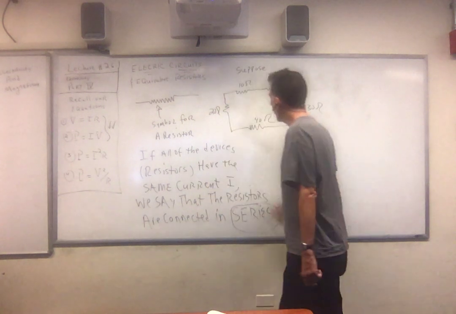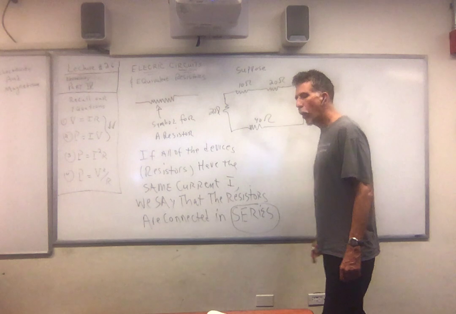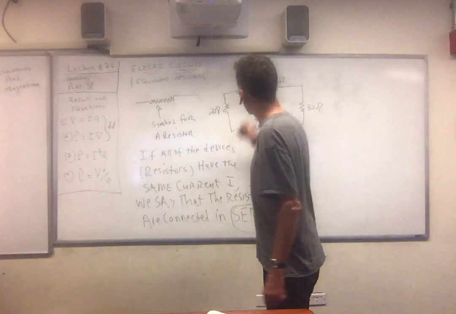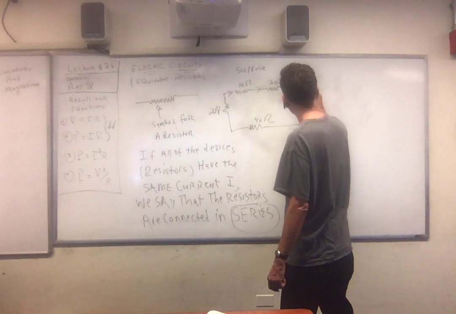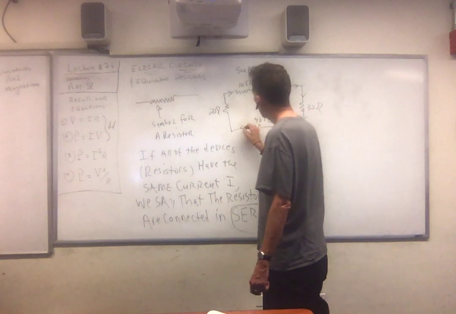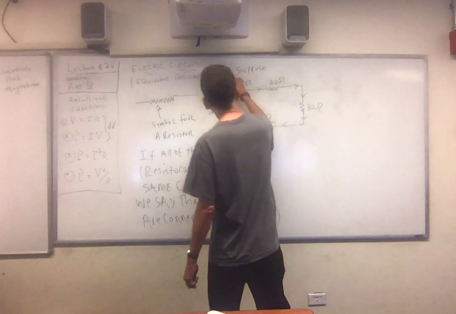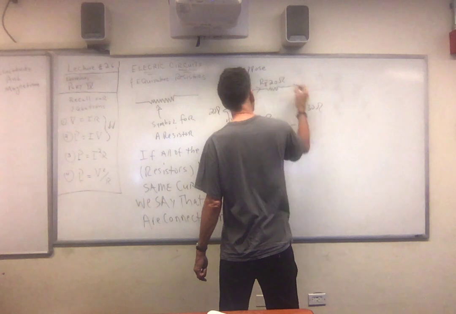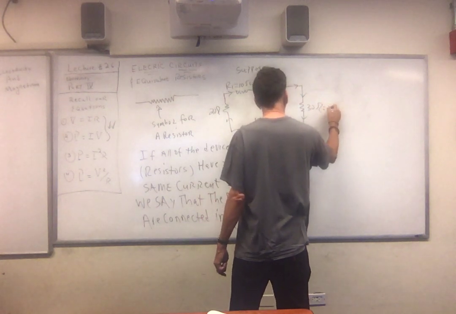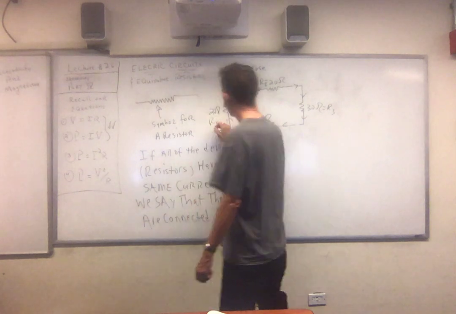So I have 5 resistors. Are they in series? Well, let's look. If a current goes through here, it continues through there, right? So these resistors are all in series. I'll call this R1, R2, it doesn't matter what I call them, R3, R4, and R5.